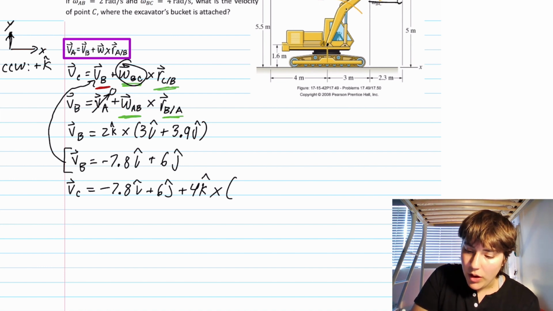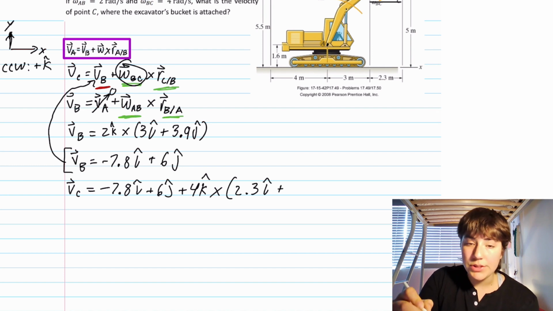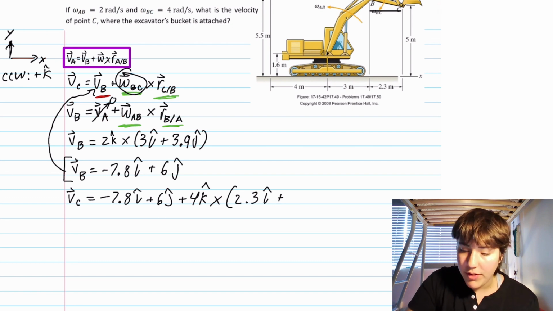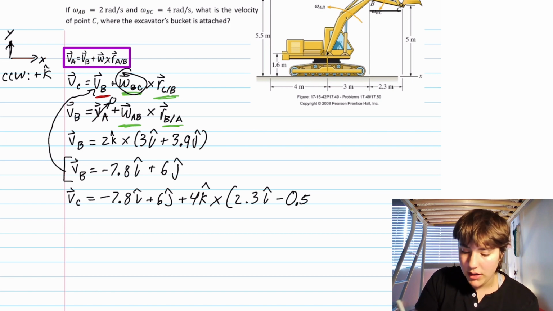From B to C, we go over to the right 2.3 i hat, and then we go down from B to C by 0.5. B is at 5.5 and C is at 5, so that's 0.5, and make sure that's a negative j hat.